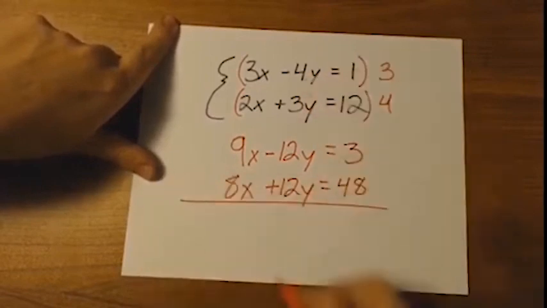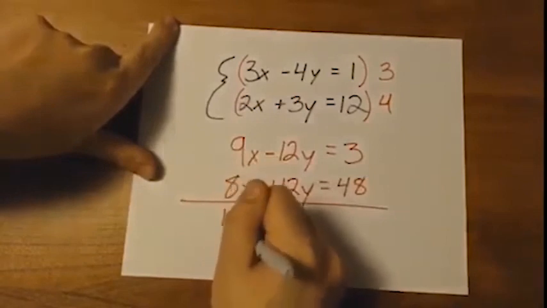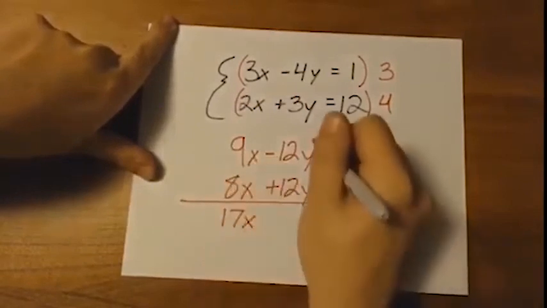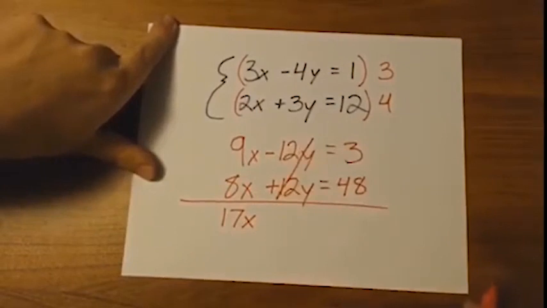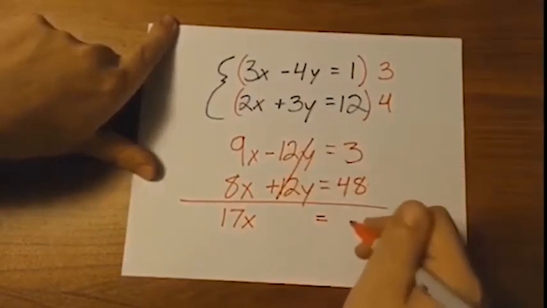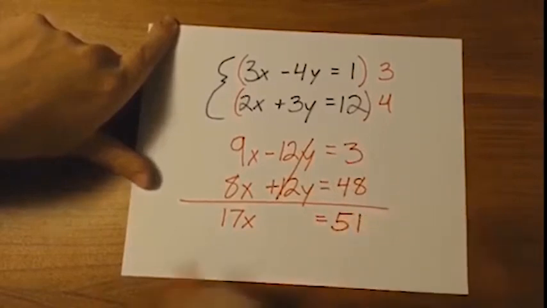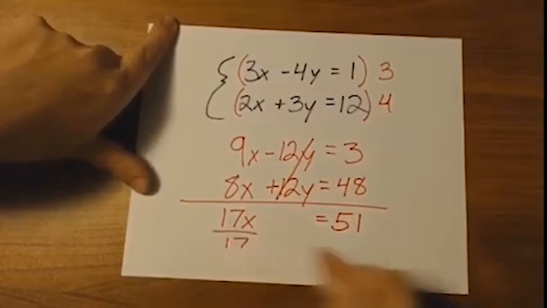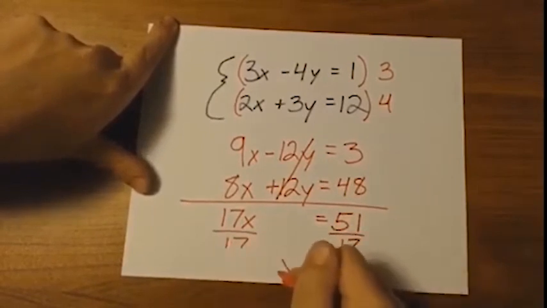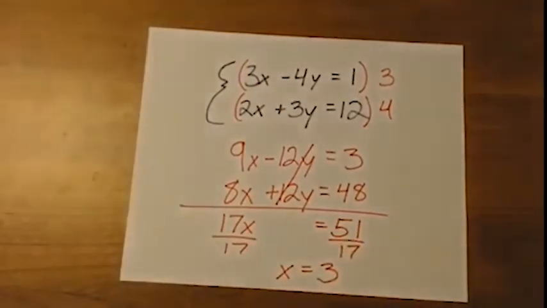Now, let's add down. 9x plus 8x is 17x. Negative 12y plus 12y cancels. 3 plus 48 is 51. Divide both sides by 17. And we get x equals 3.